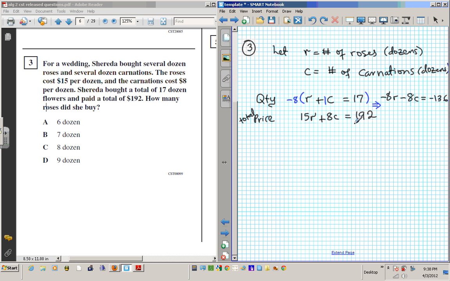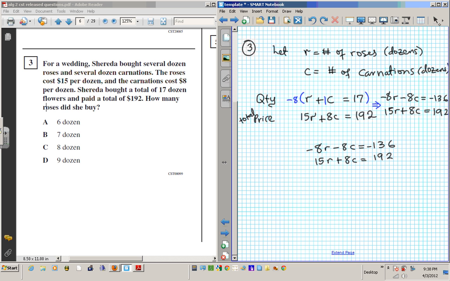And then the second one is unchanged: 15R plus 8C equals 192. Let me write it down here so it's obvious. So we have negative 8R minus 8C equals negative 136, and then 15R plus 8C equals 192.